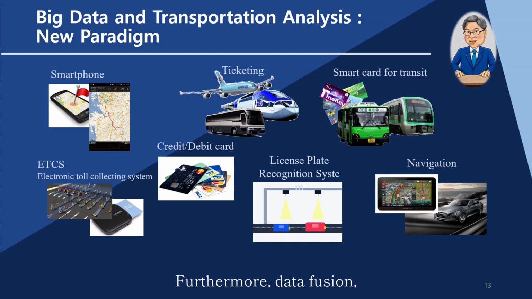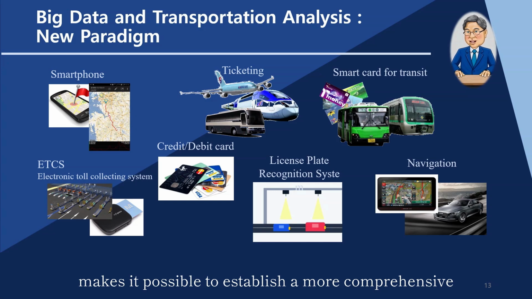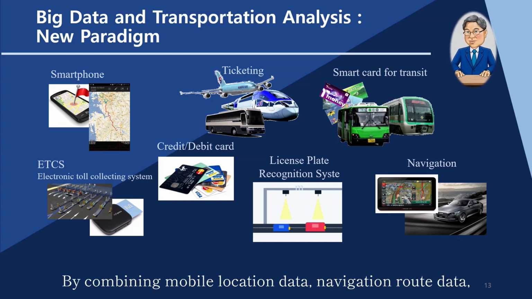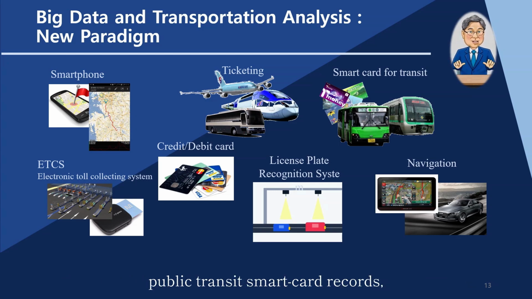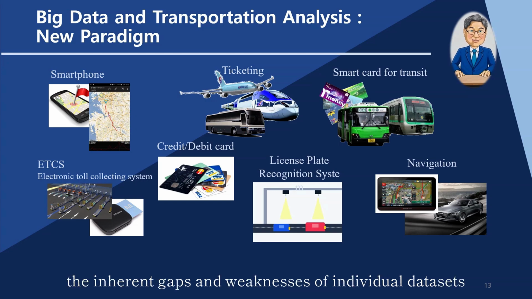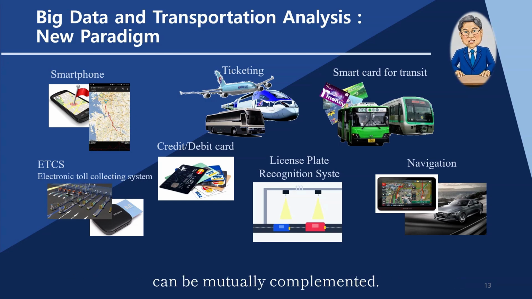Furthermore, data fusion, which combines different data sources, makes it possible to establish a more comprehensive and reliable information system. By combining mobile location data, navigation route data, public transit smart card records, and license plate recognition system data, the inherent gaps and weaknesses of individual datasets can be mutually complemented.